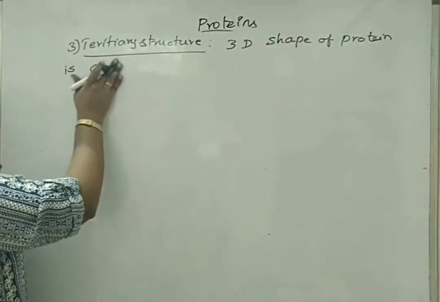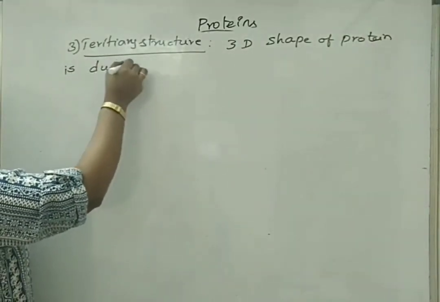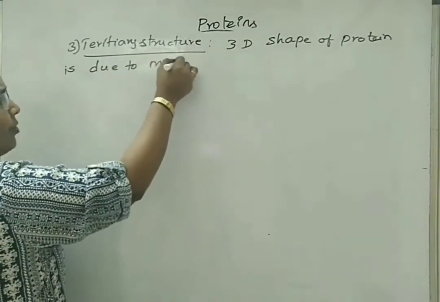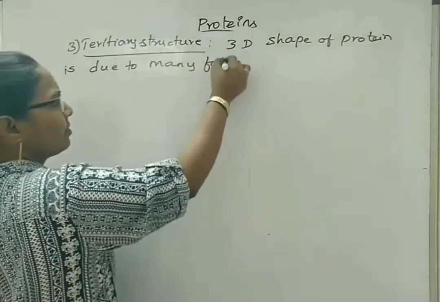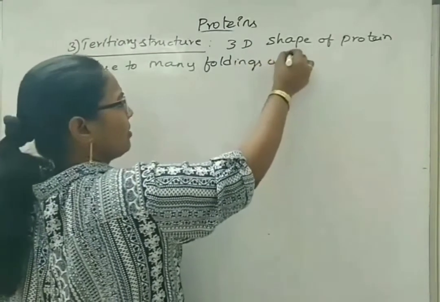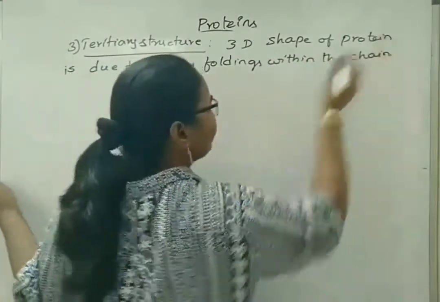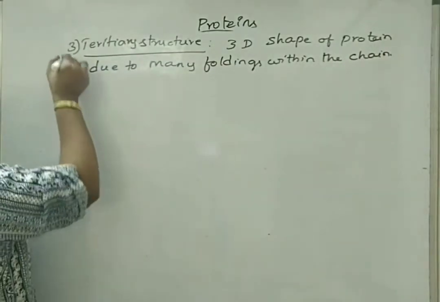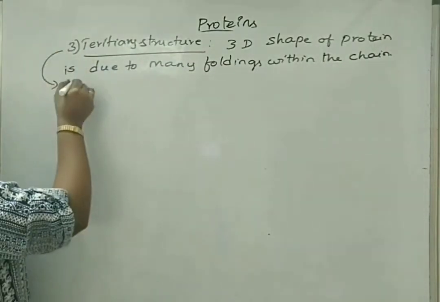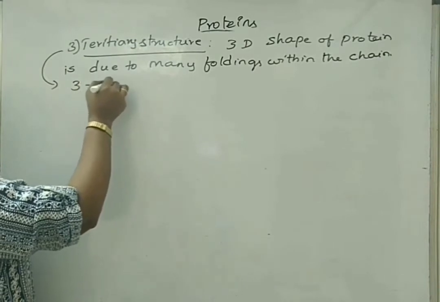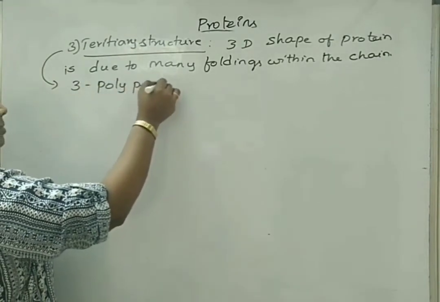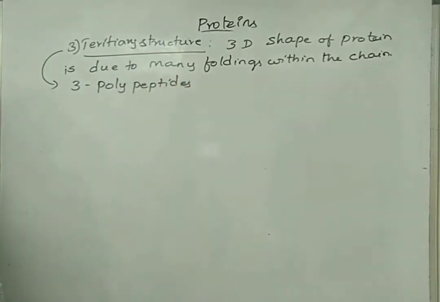The 3D shape of the protein is due to many foldings within the strand or within the chain. The number of polypeptides involved is 3 polypeptides, framed into the tertiary structure of the protein.